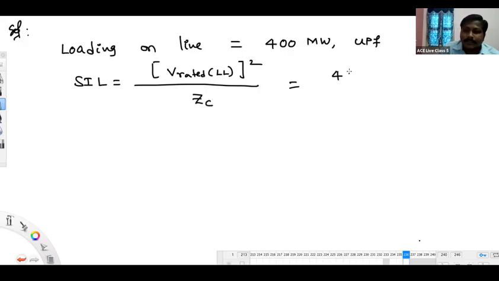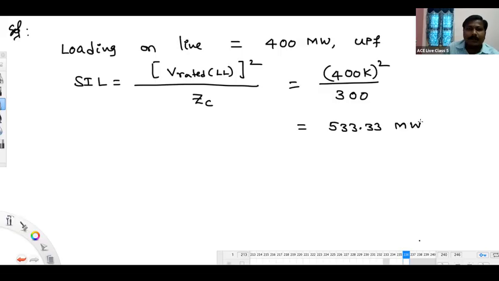Rated voltage squared is 400 kV whole square, and the surge impedance is 300. So how many megawatts is that SIL? It is 533.33 megawatts.